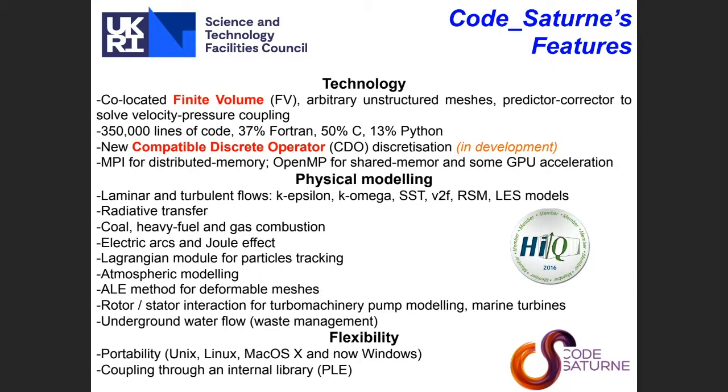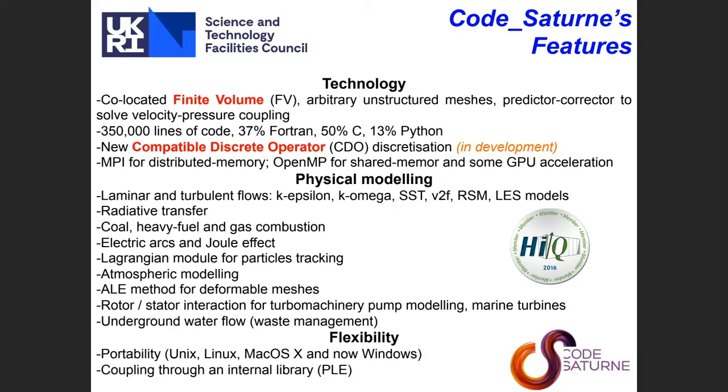So for the physical modeling, I think Juan recalled this. The code was mainly developed for internal flows, targeting flows for nuclear power plants. But since the code has been open source since 2007, many more physics have been dealt with in it.